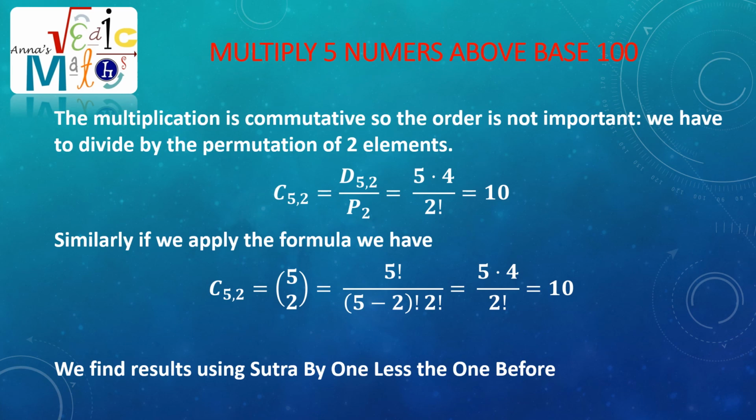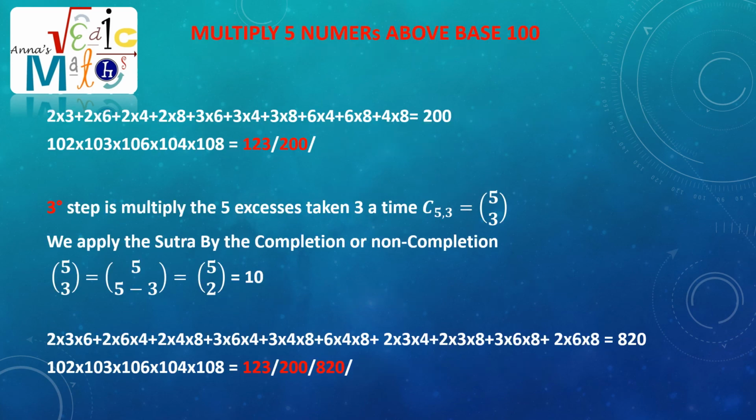We find the result using the Sutra by one less than the one before. So we have 10 multiplications of the excesses taken 2 at a time, and the result is 200.